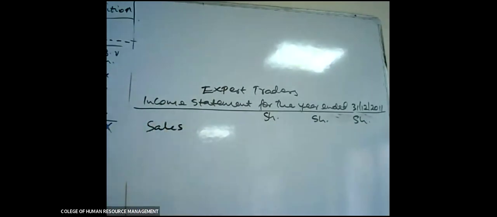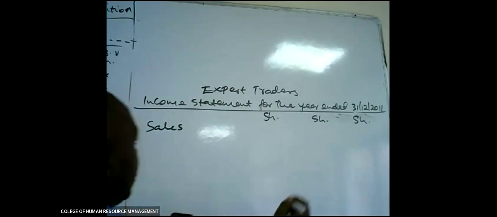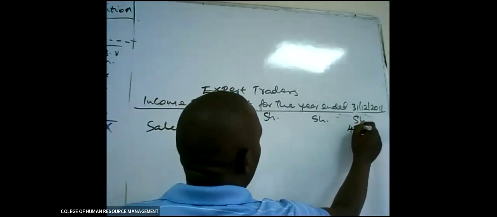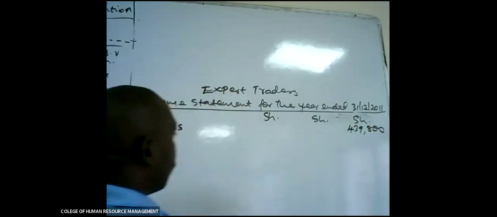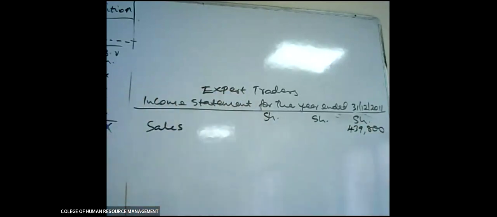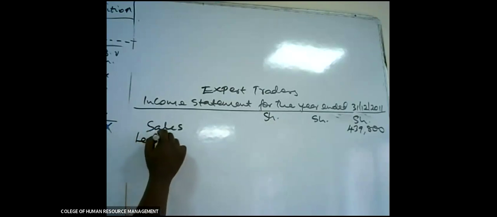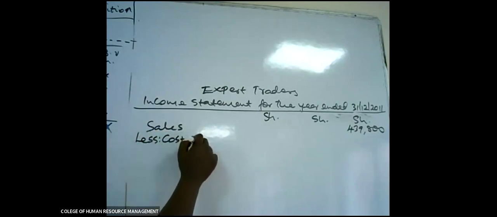So sales is 439,800. We said the only thing that can affect sales is sales returns or returns inwards. So you run through the question, find whether it is there, and actually it is not there. We don't have sales returns, so that is like our net sales. We come here, then you say less cost of sales.